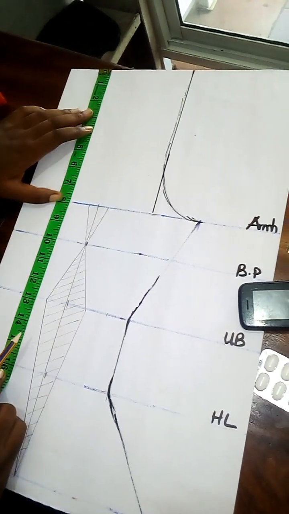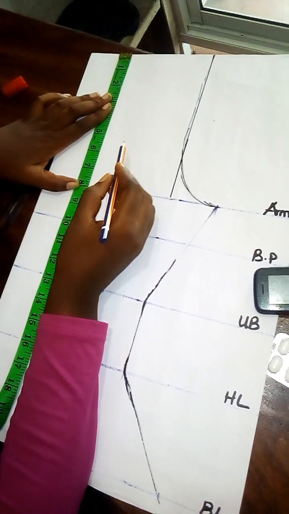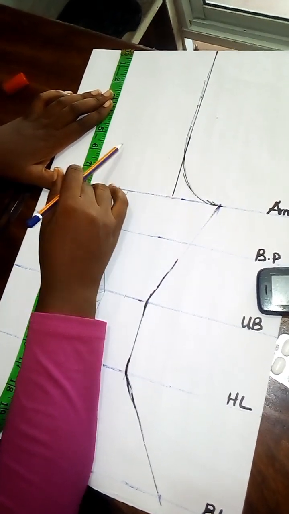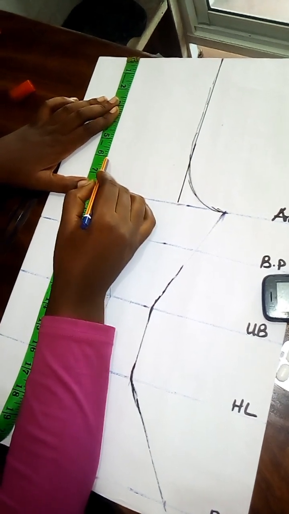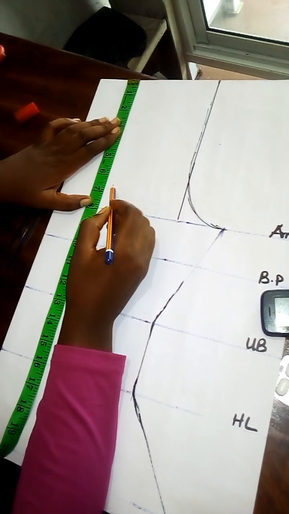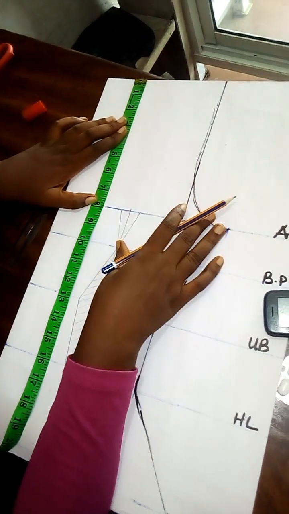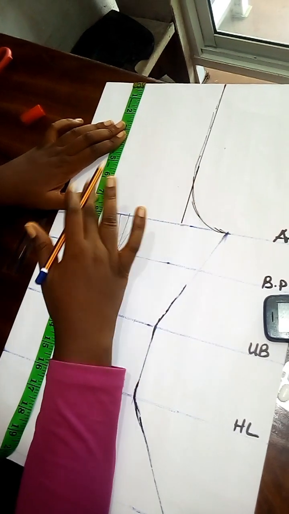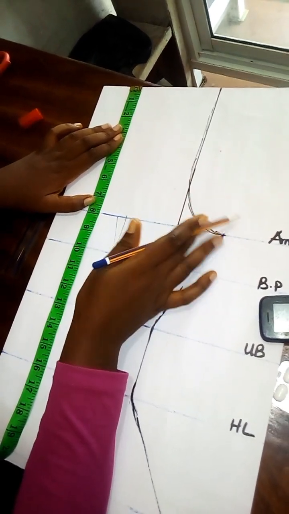So these areas that I'm shading, these areas are going to be cut off. They will not be part of the dress. So just watch out for it. I'm thinking of where exactly I want my top to stop.